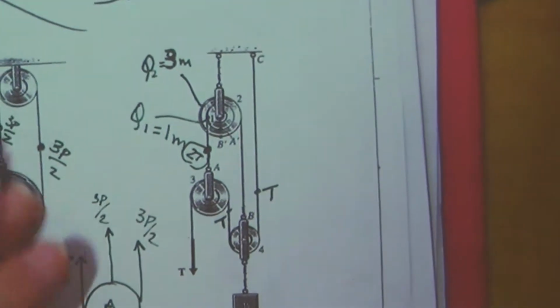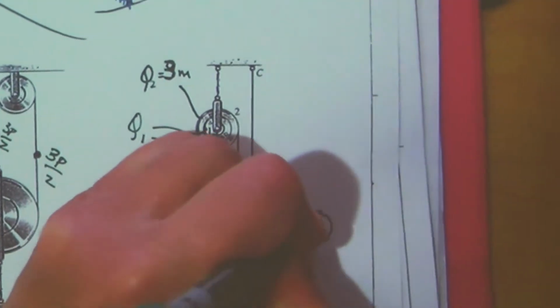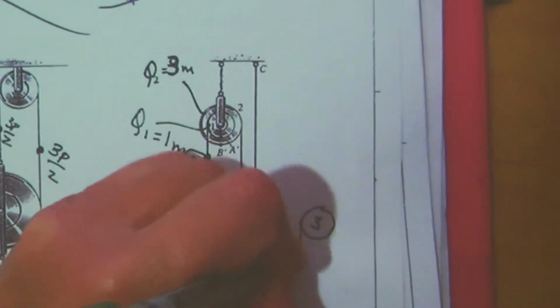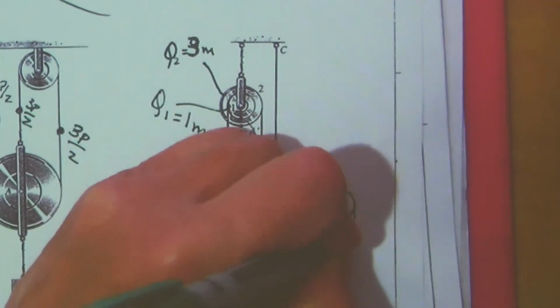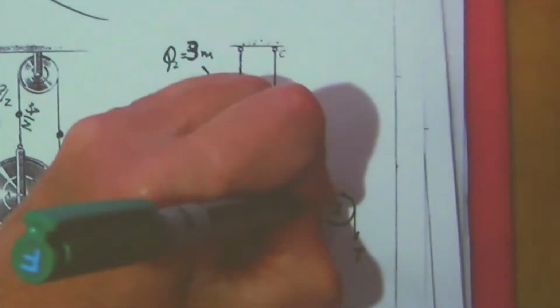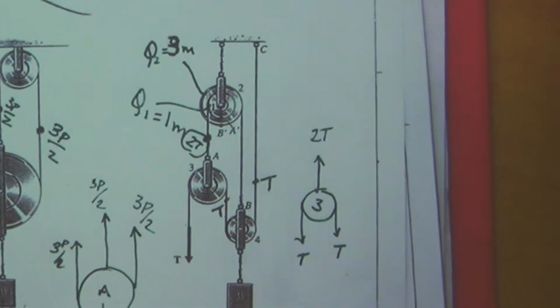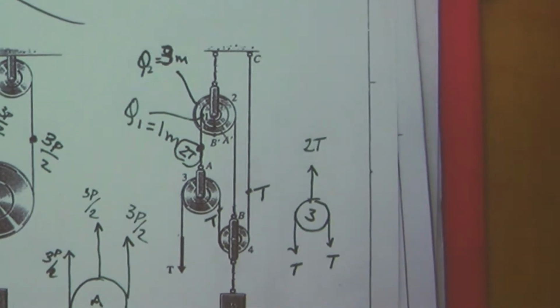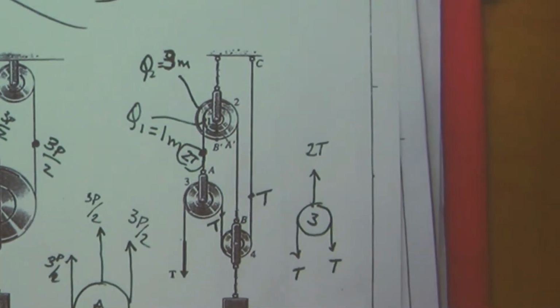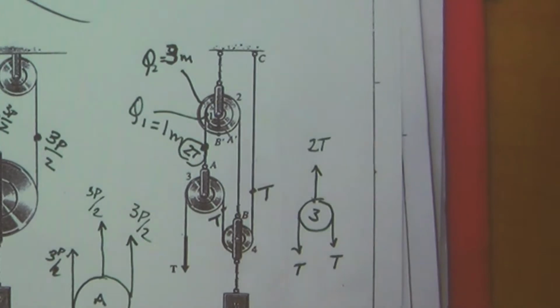Because if we did a free body diagram of pulley 3, we have T coming down here, we have T coming down here. In order for it to be static equilibrium, this has got to be 2T. Okay, and now we have two pulleys.